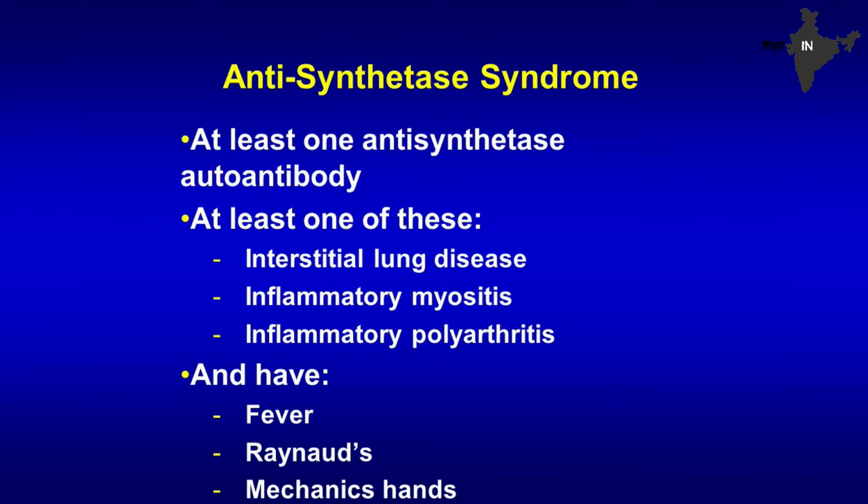These patients certainly have an increased risk of interstitial lung disease as well. To get a diagnosis of anti-synthetase syndrome, you have to have at least one of those antibodies and either lung disease, myositis, or polyarthritis, and also fever, Raynaud's, or mechanic's hands, which you can have, but you don't have to have.